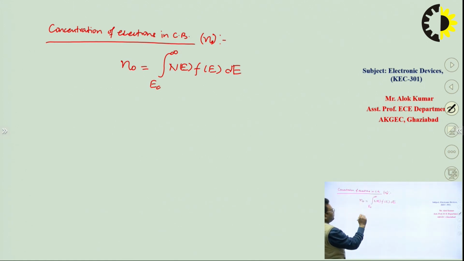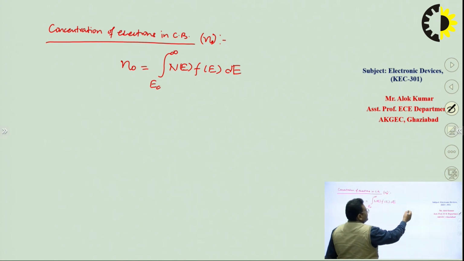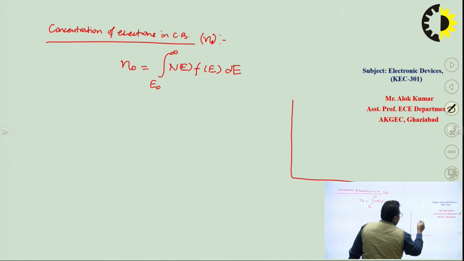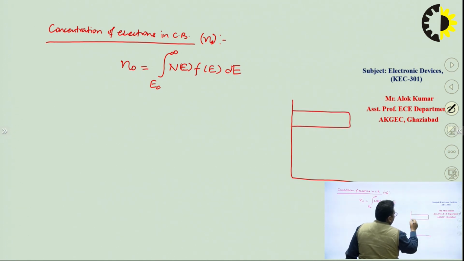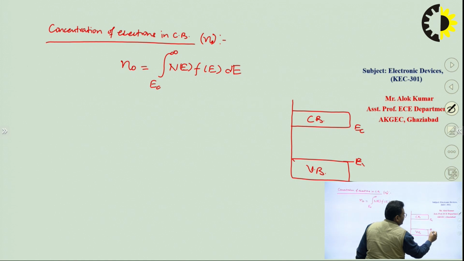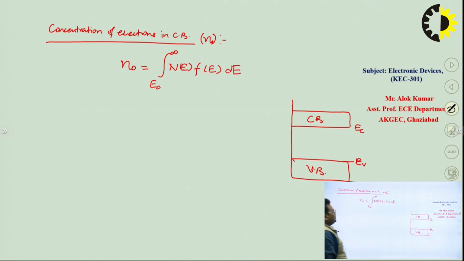Here in this formula, EC is the lowest energy of the conduction band. If we consider this energy band diagram, here we have the conduction band and this one is the valence band. So this lowest energy level of the conduction band is EC, and this one is EV, right? So EC is the lowest energy of the conduction band.